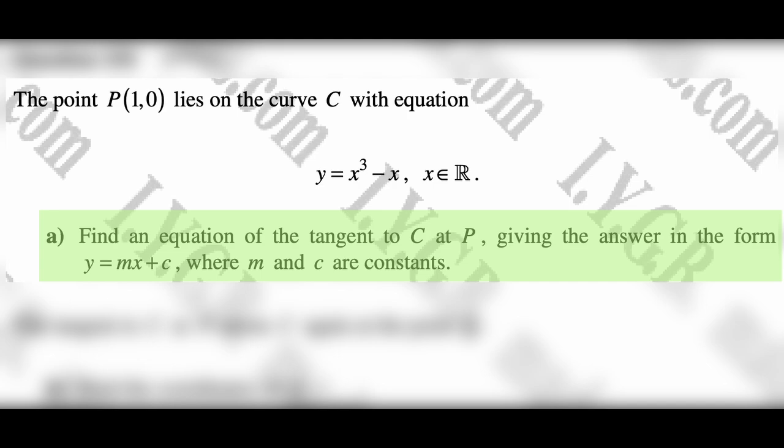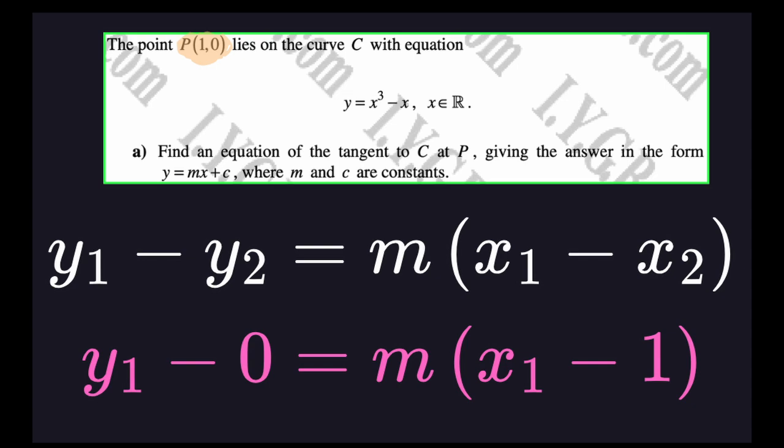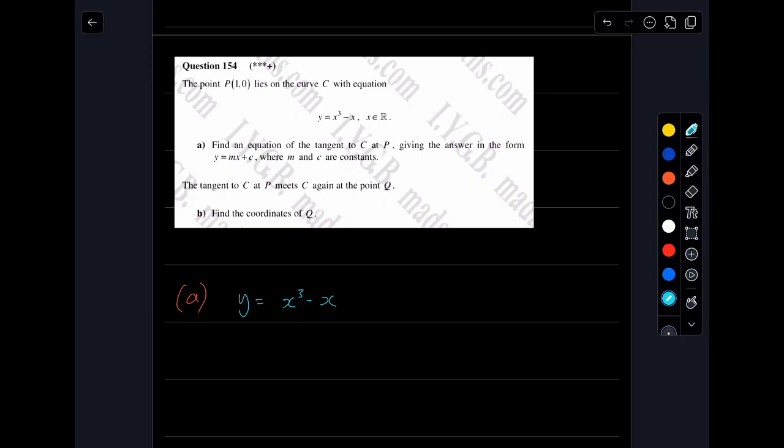Again, for the equation of a line, we have y1 minus y2 is equal to m times x1 minus x2. And clearly, y2 and x2 is satisfied, which means our equation now becomes y minus 0 is equal to m times x minus 1.